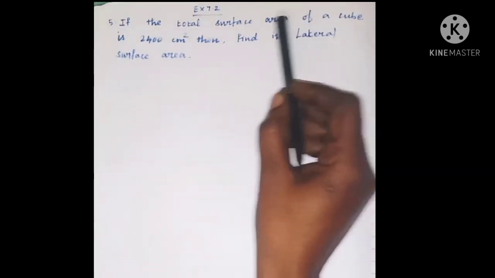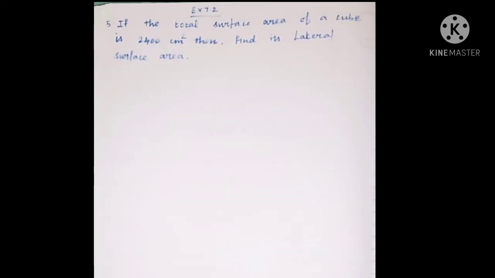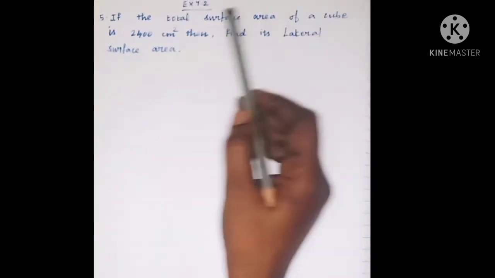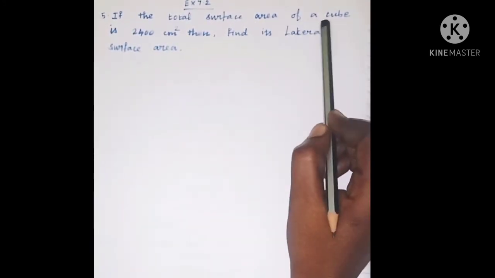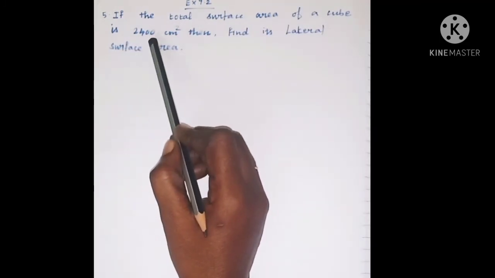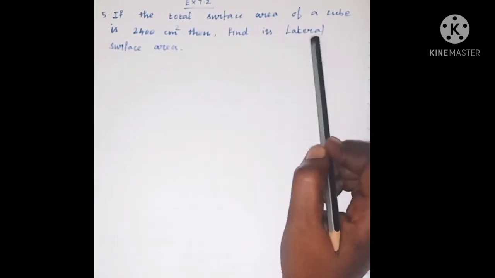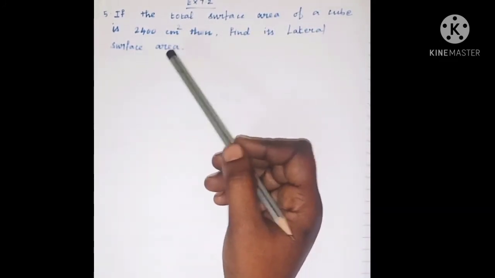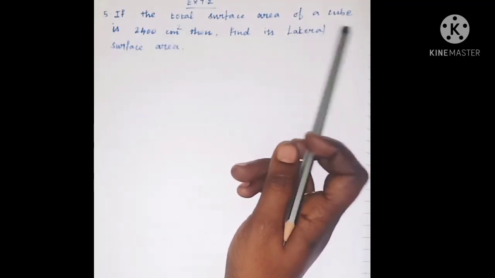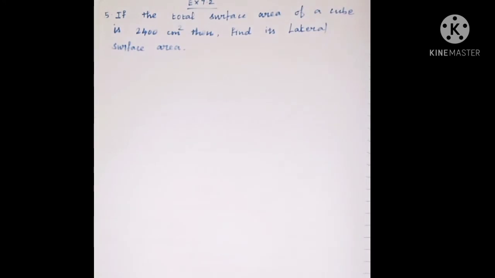Exercise 7.2, fifth problem. If the total surface area of a cube is 2400 centimeter square, then find its lateral surface area. Here they are given the total surface area TSA of the cube. Now we have to find the lateral surface area of the cube.